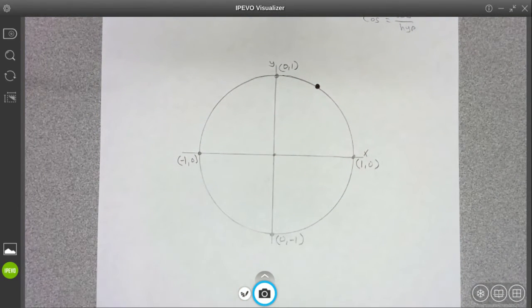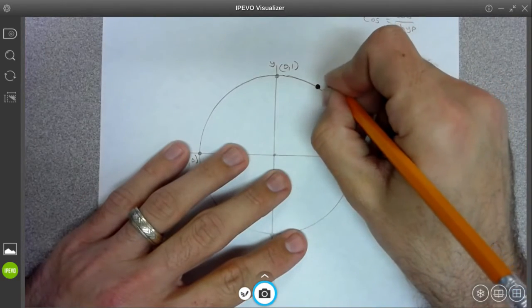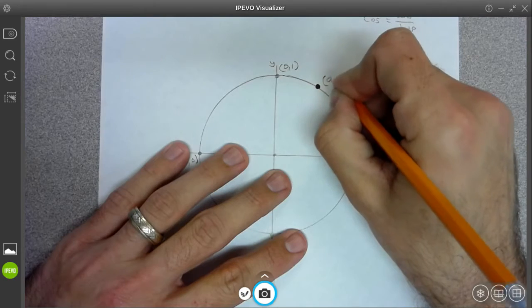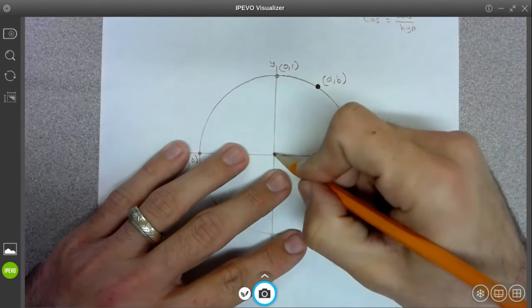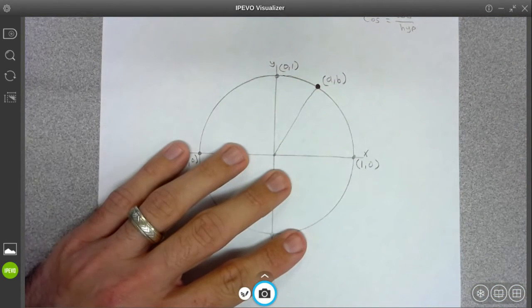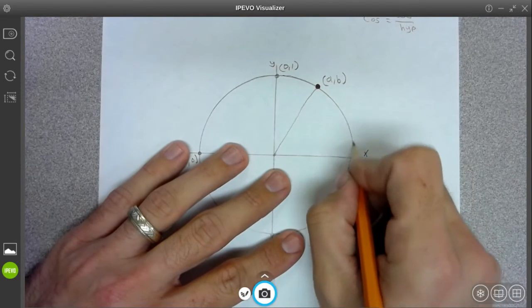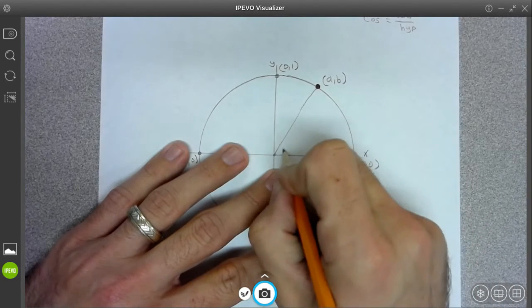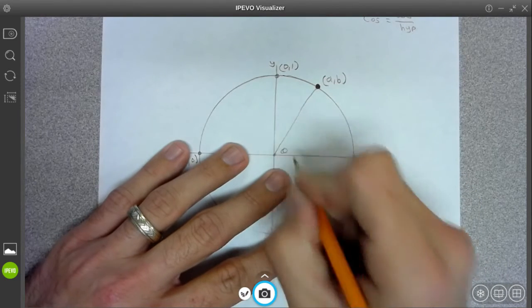That point has an X and a Y, some value. I'm going to label it as A, comma, B. And I'm going to draw my radius that meets up at that point. There are 2 things to notice here. First off, if we're thinking of it in standard position, this segment that I drew has some angle.